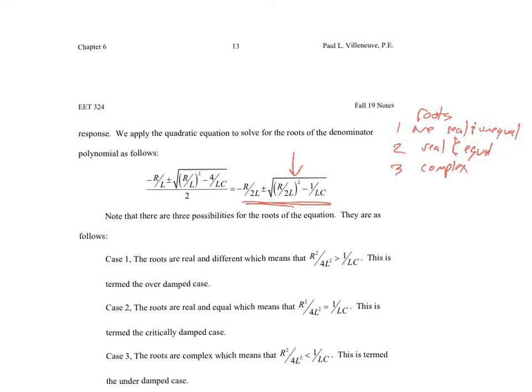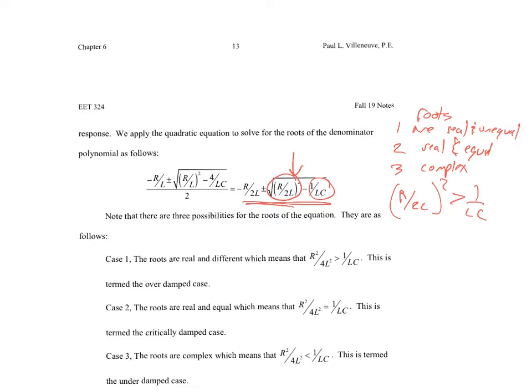So clearly, if R over 2L squared is greater than 1 over LC, or maybe not so clearly, what can we say about what's going to happen in the square root? Is it going to be a positive or a negative number? If this number here is bigger than this number, what happens under the square root? It's a positive number.